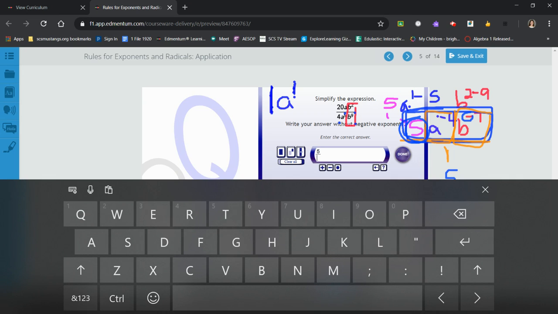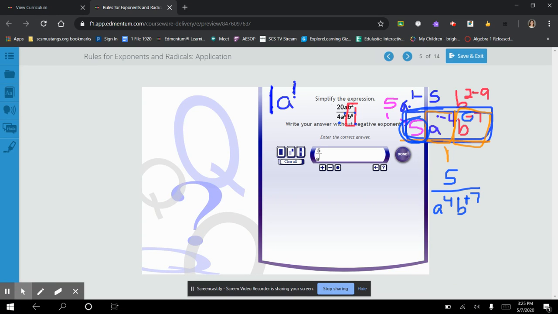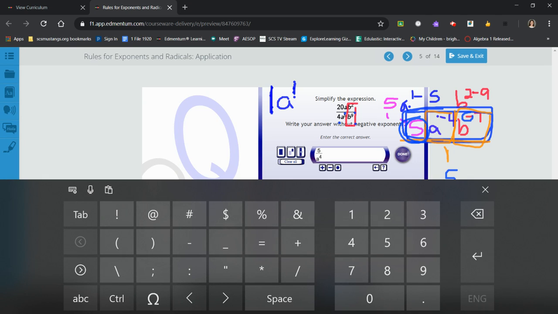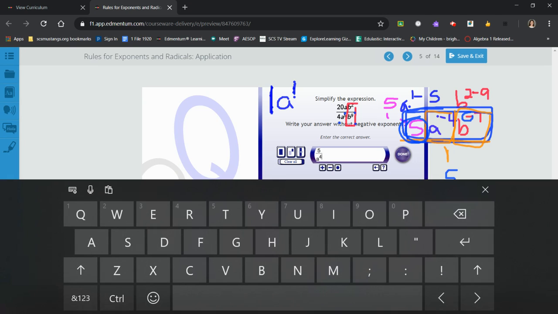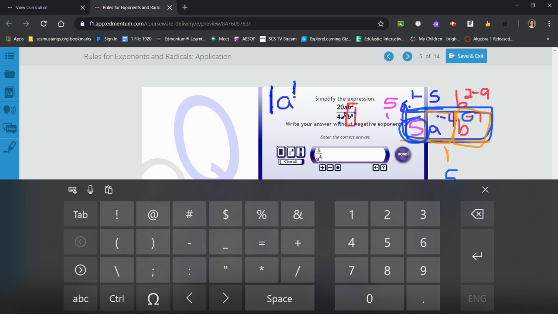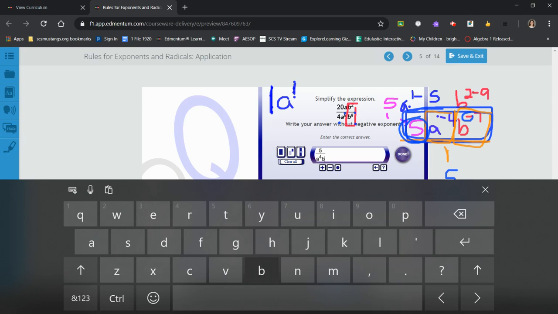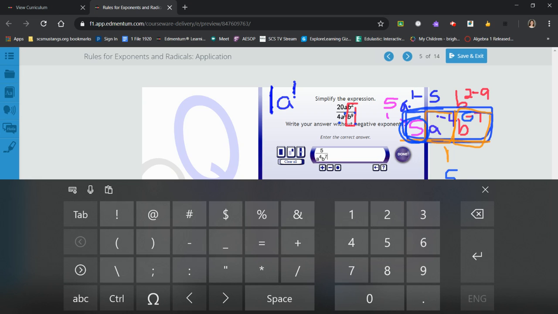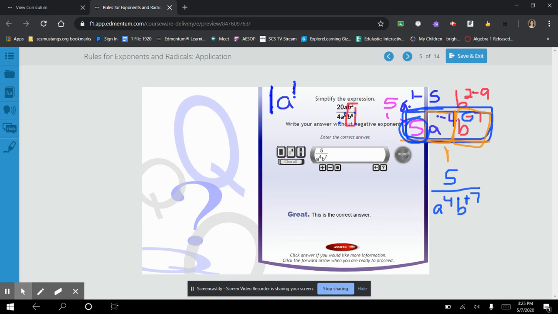So I'm going to do a lowercase a, just in case it's picky, and then hit the to the button, fourth, and then hit over so that it doesn't leave it as an exponent, lowercase b to the 7th. And there we go.